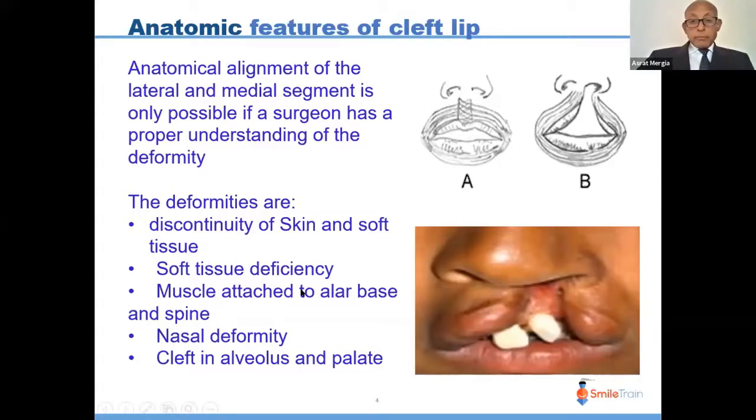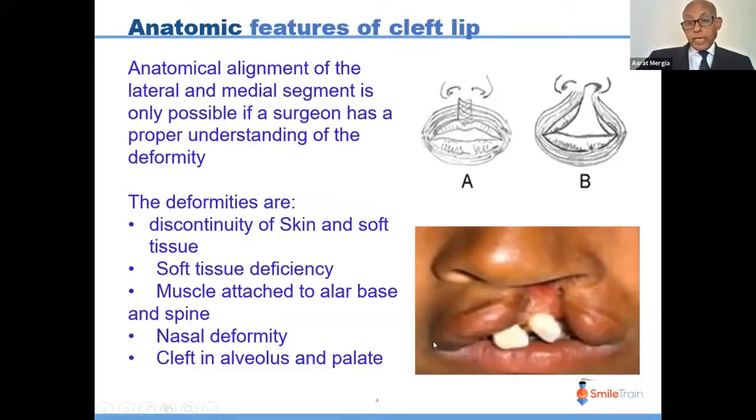So there are anatomical problems which we need to correct, as you all know. My discussion today will not be about nasal deformity, or the cleft in the alveolus, or the muscle tied to the alar base and the like.